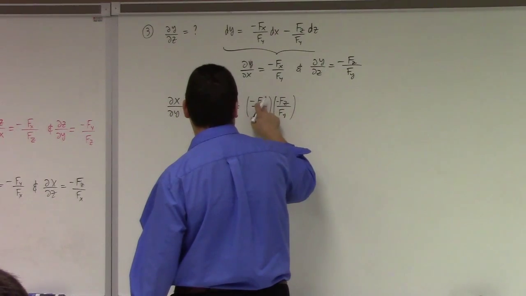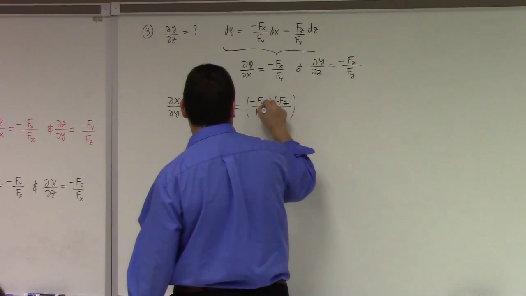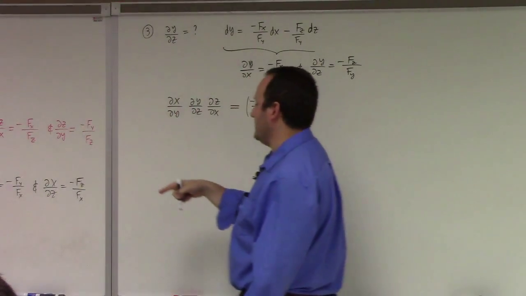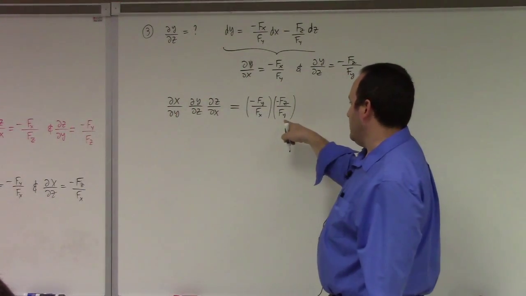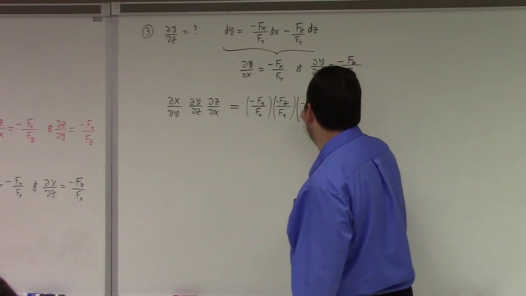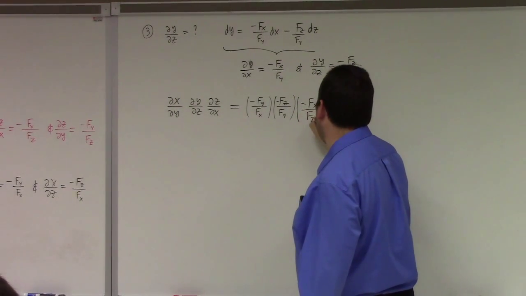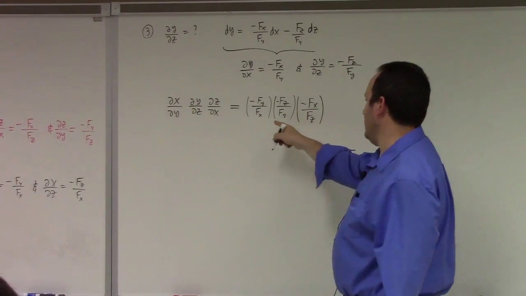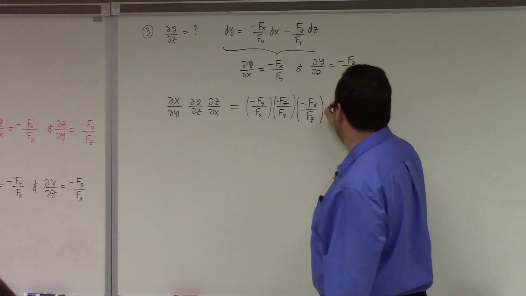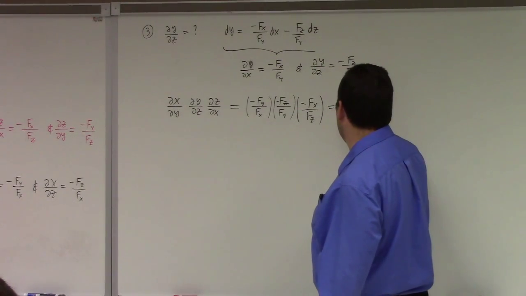Partial x partial y was minus fy over fx. Then I have fz over fy, and then finally I have fx over fz. And as you can see, the y's cancel, the z's cancel, the x's cancel, and as Daniel had forecast, it is in fact minus 1, yes.